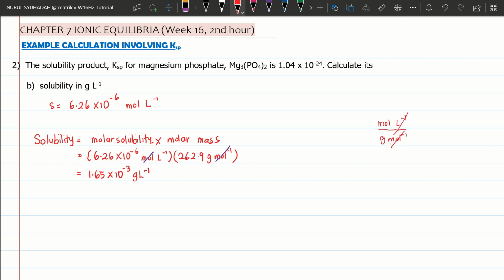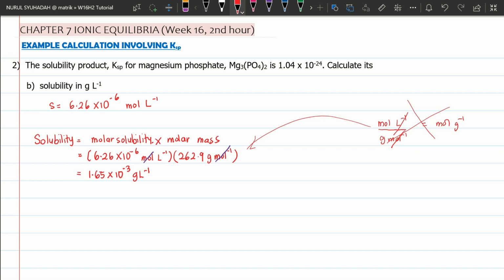Okay, so potong kita dapat mol per gram. Okay, so salah lah dekat sini. Clearly it's wrong. Sebab apa? Kita nak kena dapat gram per liter. So maksudnya instead of divide, kita akan darab macam ni. Okay, so this is the example, second example untuk calculation involving KSP.